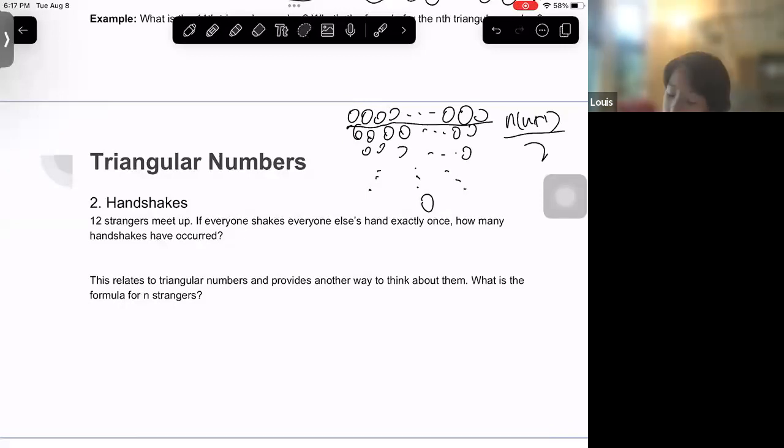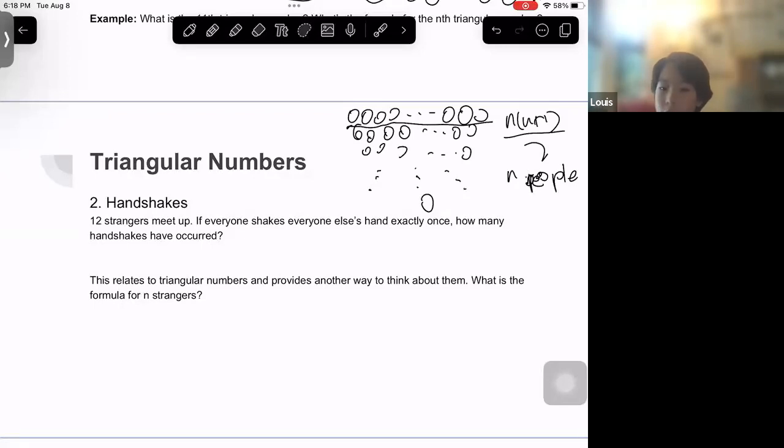And you can also derive this like this. Suppose this time we have n people, and every person shakes hands with every other person.